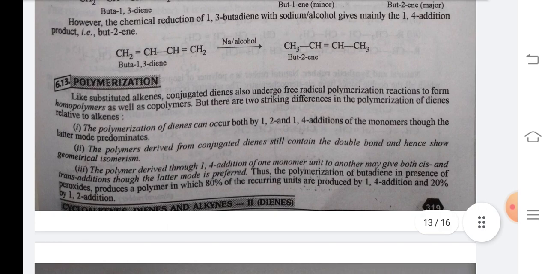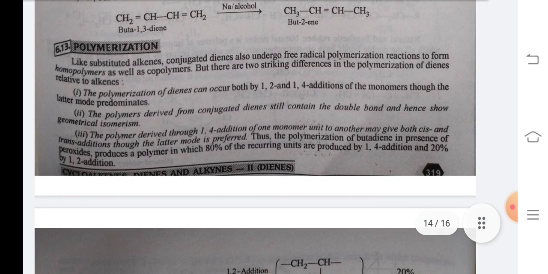Polymerization. Like substituted alkenes, conjugated dienes also undergo free radical polymerization reactions to form homopolymers as well as copolymers. But there are striking differences in the polymerization of dienes relative to alkenes. First, the polymerization of dienes can occur both by 1,2 and 1,4 additions of the monomers, though the latter mode predominates.